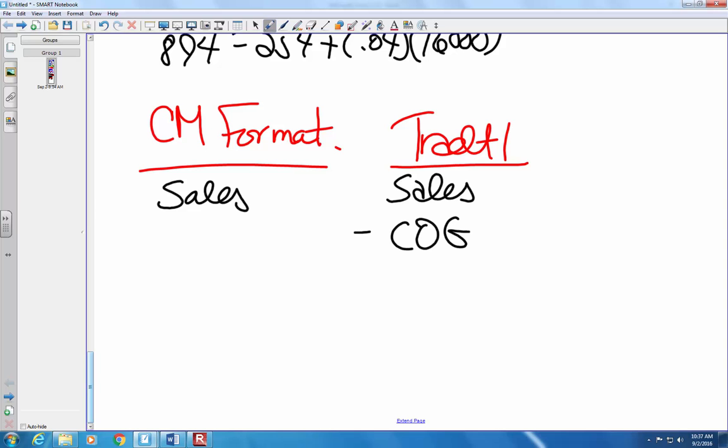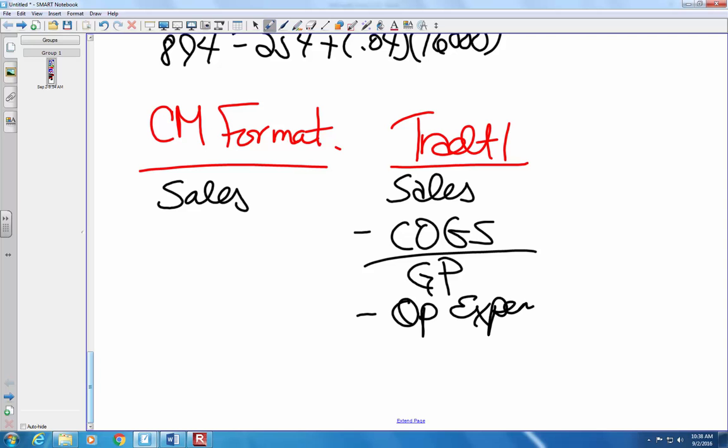Sales minus COGS gives you something called what? Gross profit, right? Or gross margin. Then you subtract all the rest of your expenses, operating expenses, and you get to operating income, right?